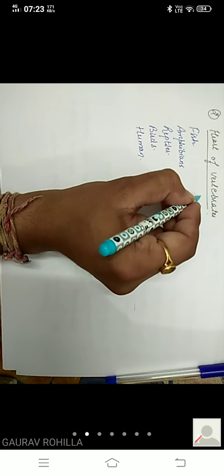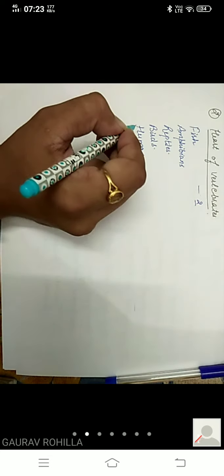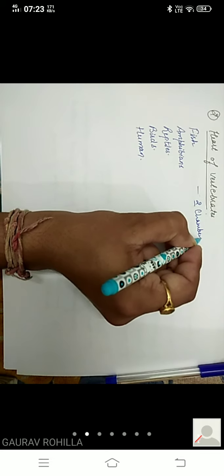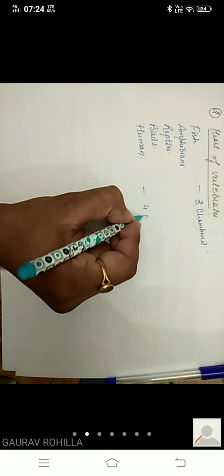We know very well that the fish has a two chambered heart and human has four.